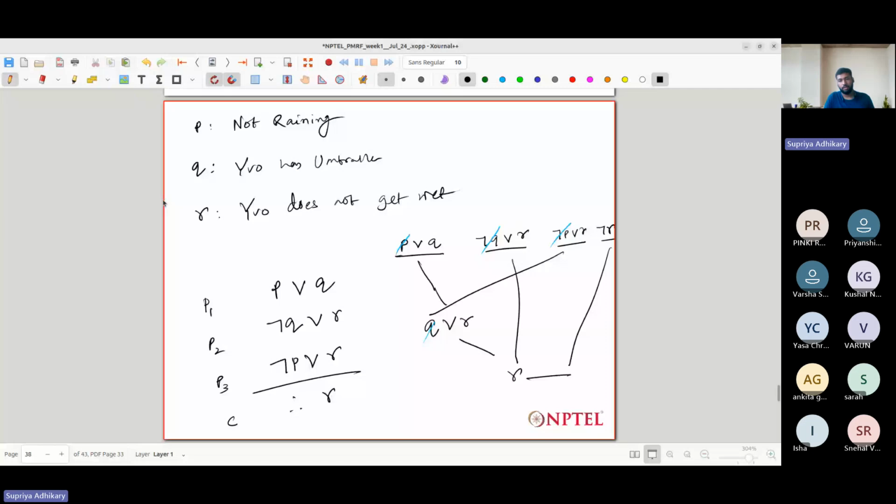So by the rules of resolution, we have proved that this is indeed true, because the conjunction of all the hypotheses and the negation of the conclusion actually gives us the false assignment.